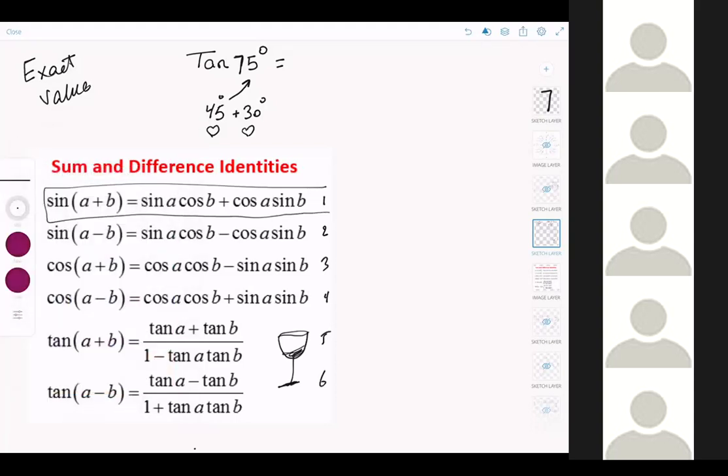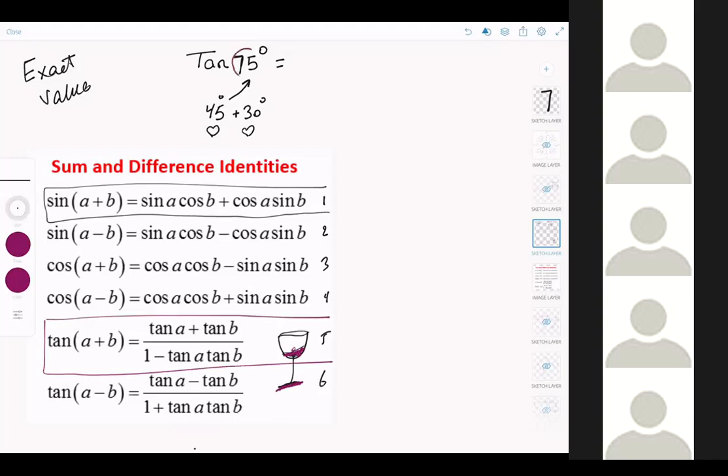Tangent of 75, which one? Number 5, right? This guy.